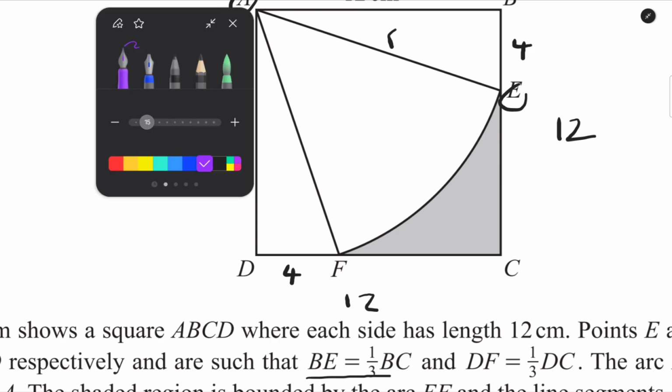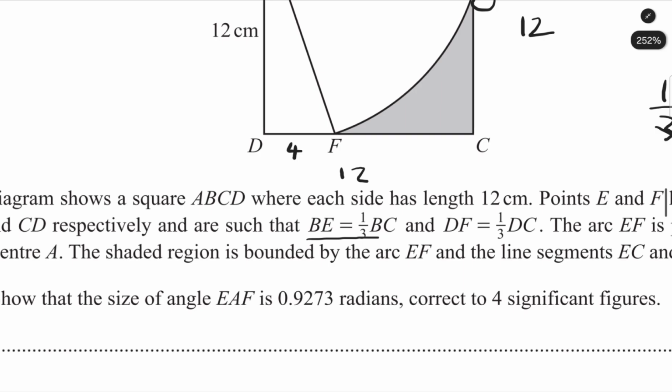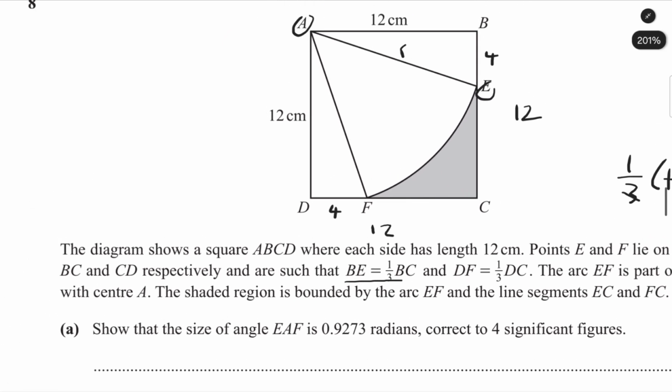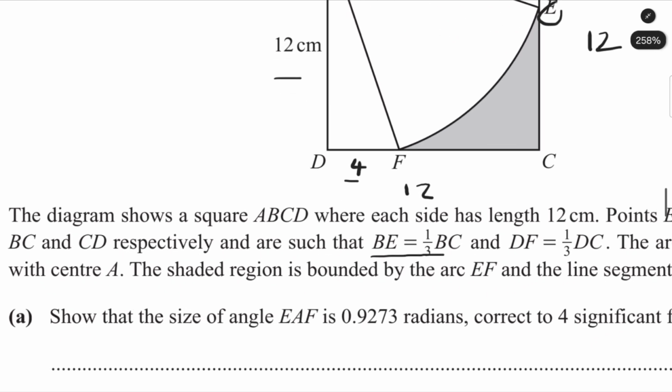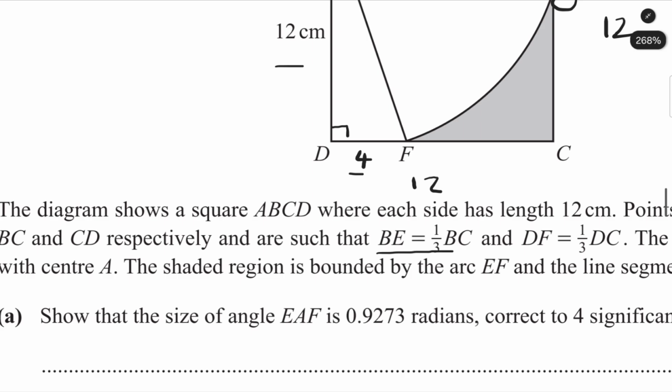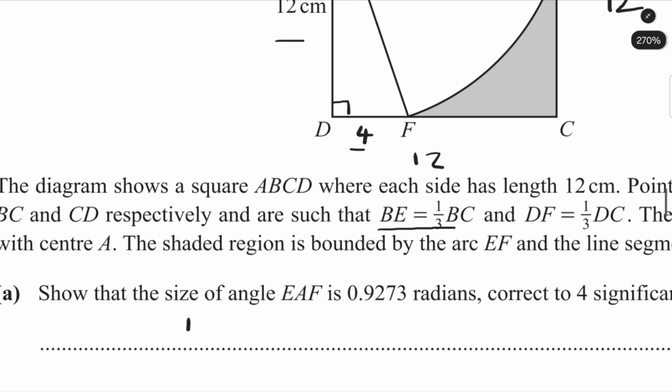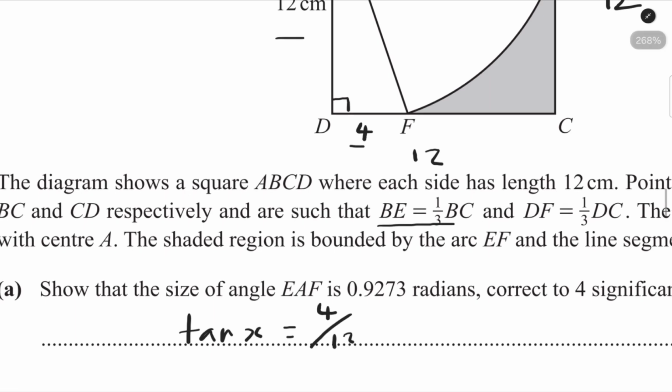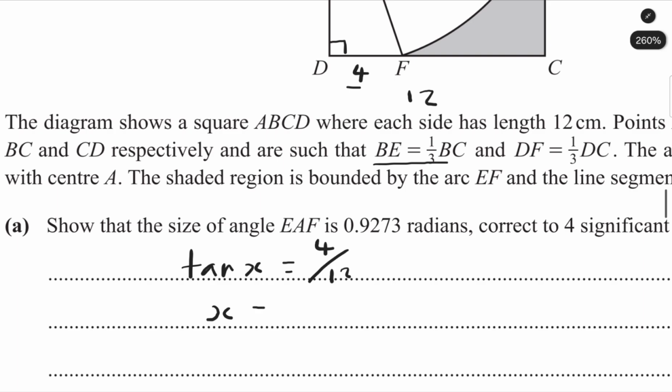So in working that out, for this angle right here, let's call it X. We can see that we have the opposite and the adjacent, and it's a right angled triangle, so we can use tan. We can say tan X is equal to 4, which is the opposite, over 12, the adjacent, and our X will be the tan inverse of 4/12, right?